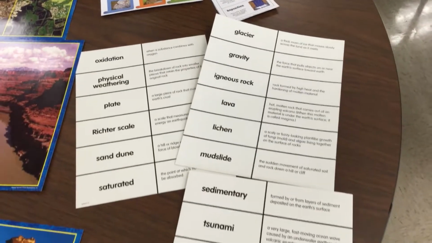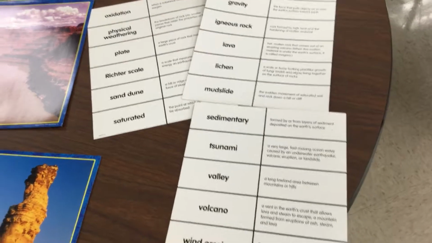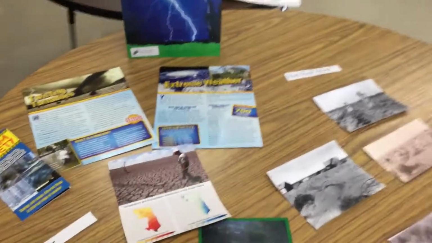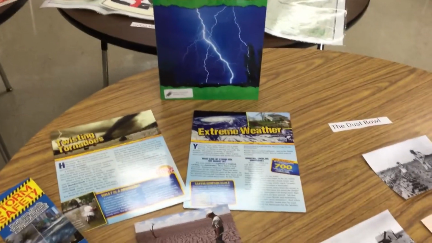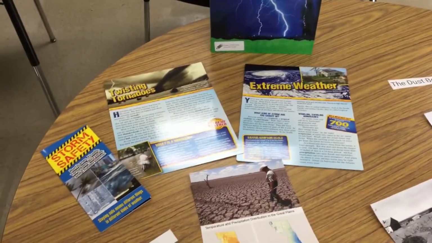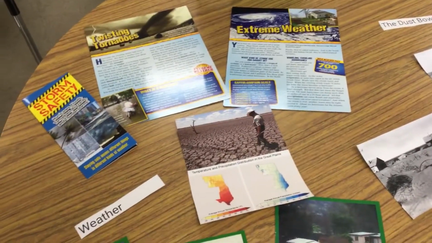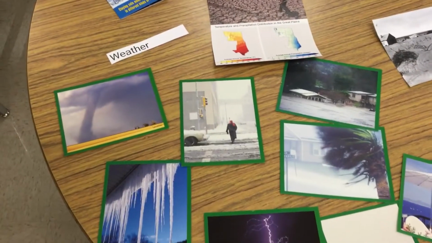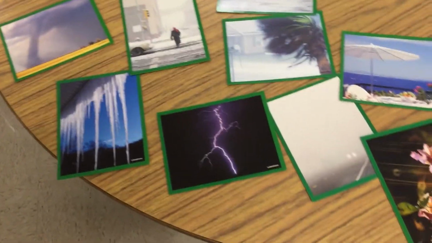And these are all different kinds of landforms and the way that they're formed. Weather can also cause erosion, weathering, erosion, and deposition. Weathering, there you go.